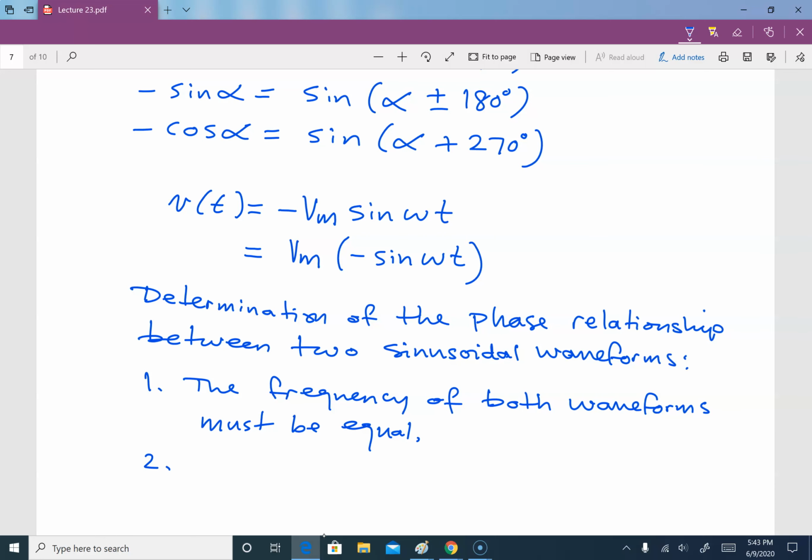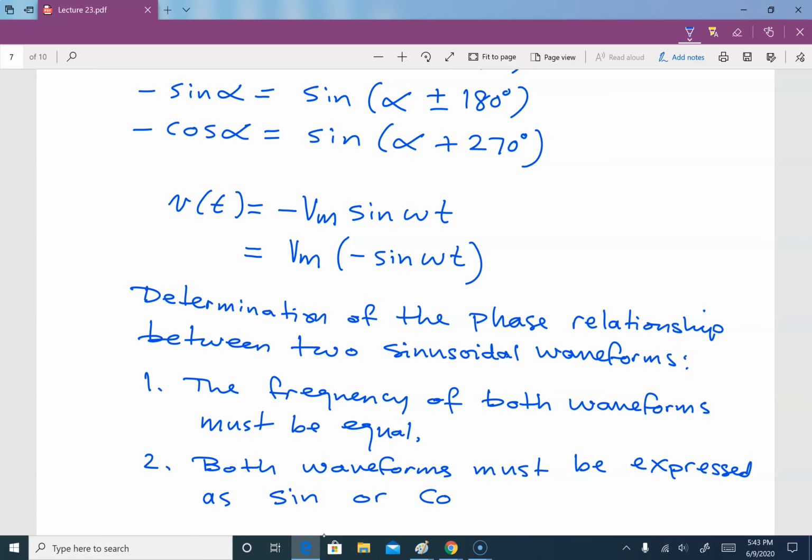The second condition, or we can say both waveforms must be expressed as sine or cosine.